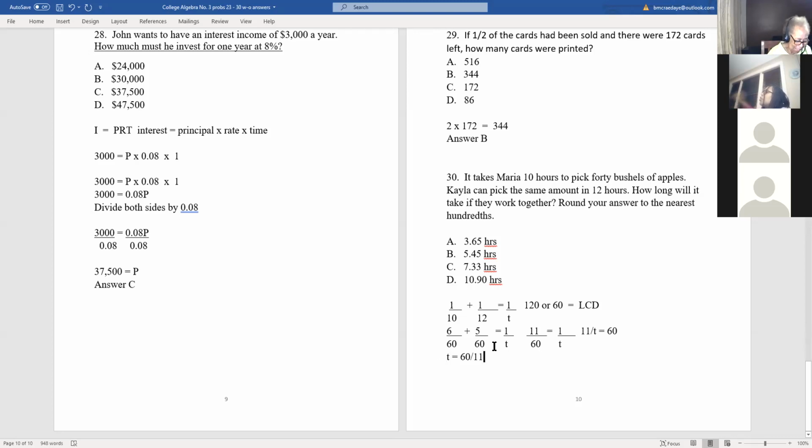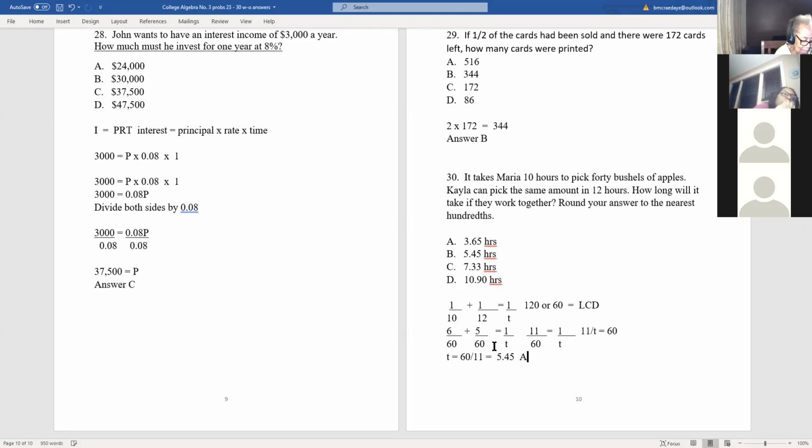Sorry. 60 divided by 11 equals what? I still put 66 in the calculator. What is that? 5.45. Yep, that's the answer.